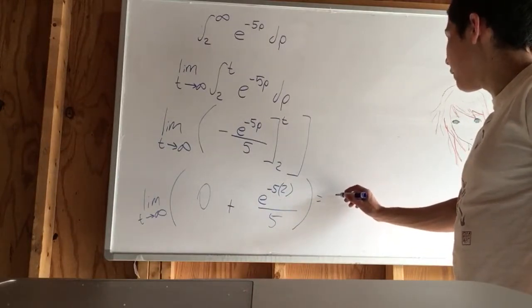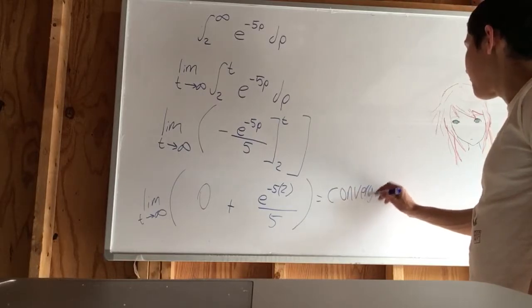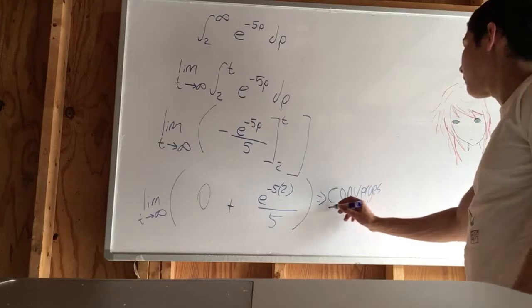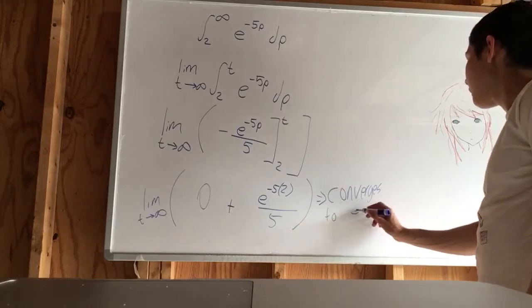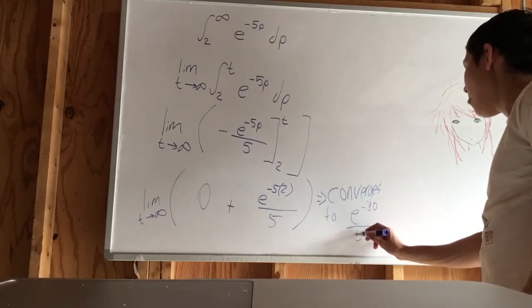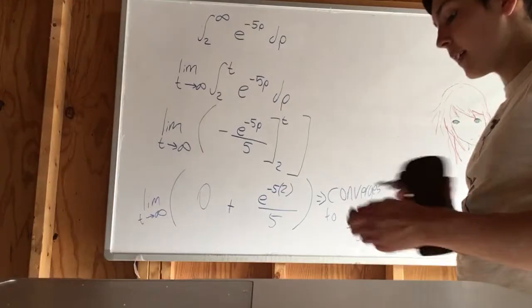So this converges to e to the negative 10 over 5. Or you could put 1 over 5 e to the 10.